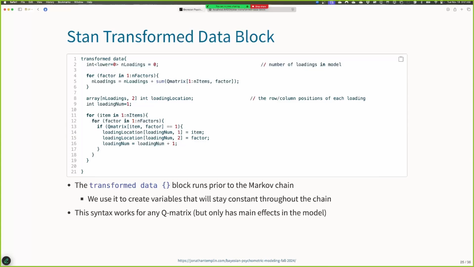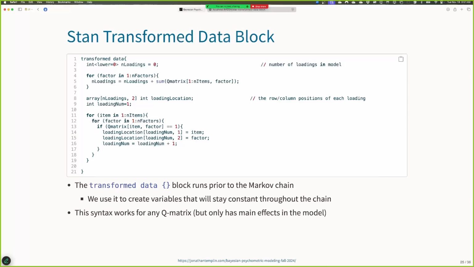I've tried to create Stan code to make things easy for you, just because I enjoy this type of thing. If you have a Q matrix, you also know how many loadings there are, right?